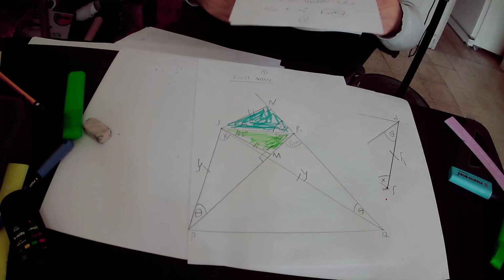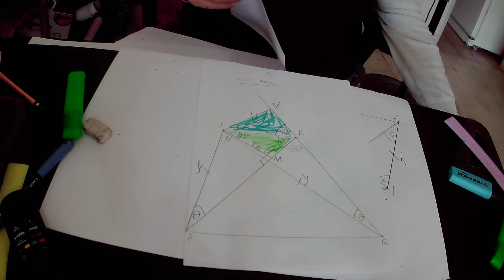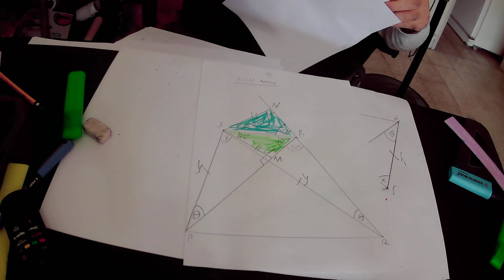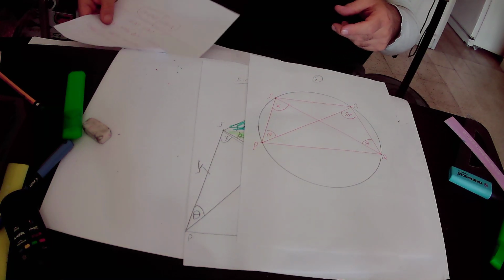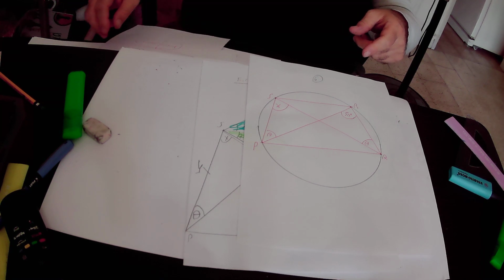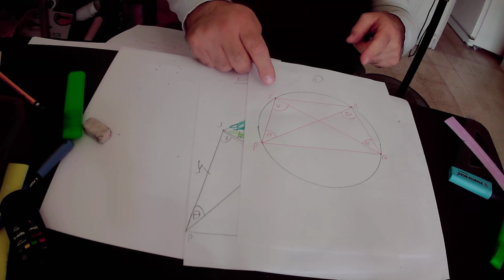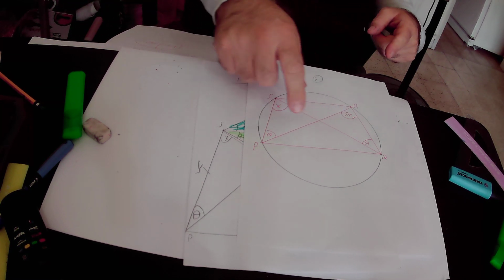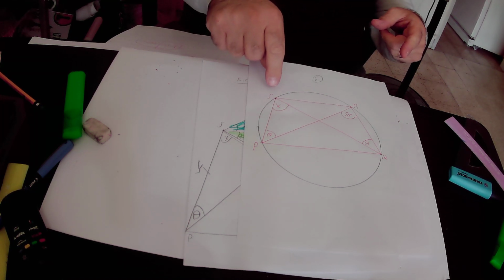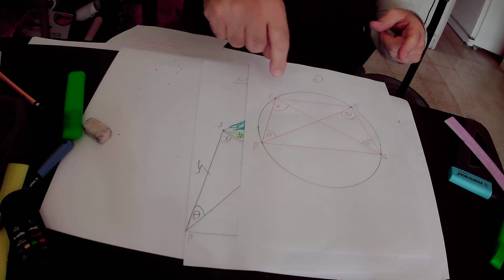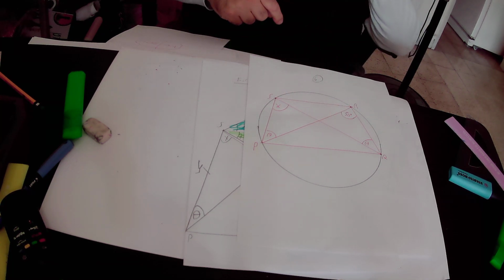So we can draw a circle, and according to rule number 1, those 4 points S, R, P, and Q lie on this circle. As you can see, those 4 points lie on this circle that I drew.